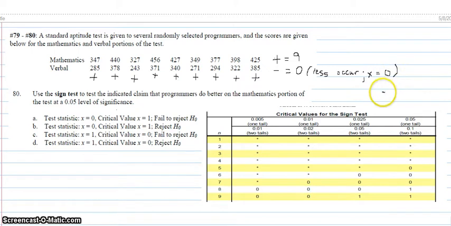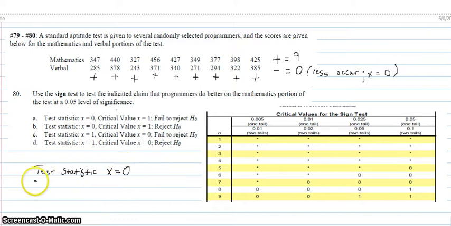So that's your test statistic, okay? So I'm going to write that down here. Test statistic, x equals 0.